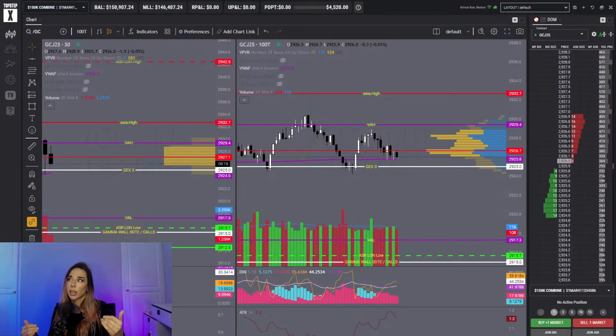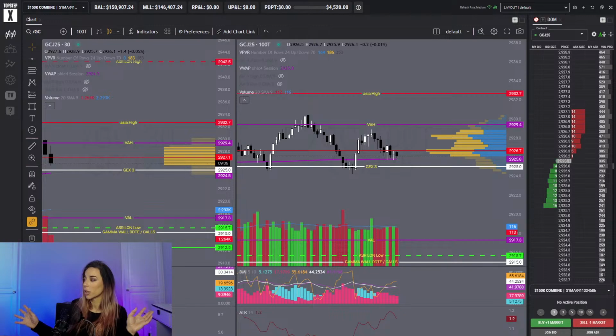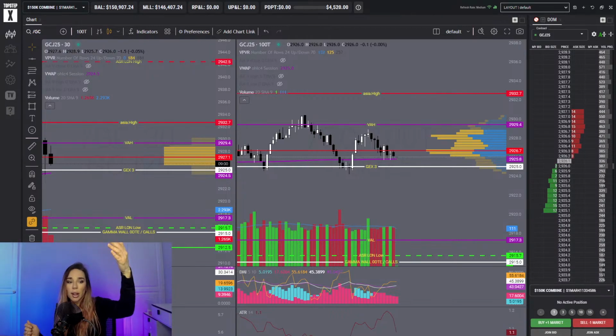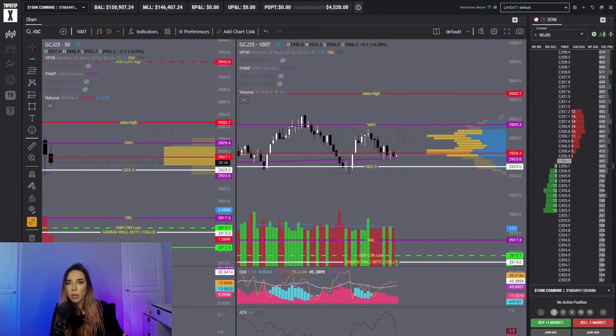Let's say you open above, then you go down to value high, that can be support. But when you're already inside value, kicking around, having margaritas, everybody doesn't care about taking it anywhere else, market makers will take it outside of value, then back inside. So it doesn't quite work that way.